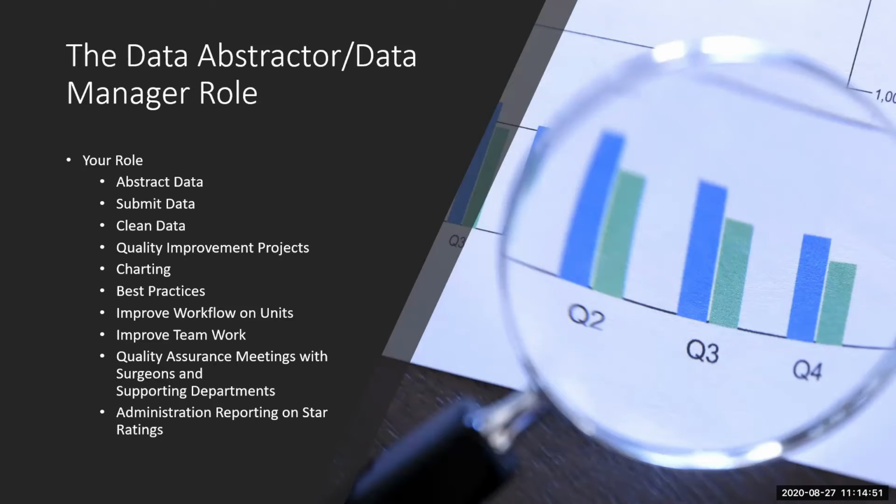We can help improve workflow on units. We are a source to bring teamwork together between the OR side and the nursing side. We have quality assurance meetings with our surgeons and the supporting departments, and then we also work with our administration. On star ratings, for the congenital report, we do not have star ratings, so administration reporting on our outcomes.